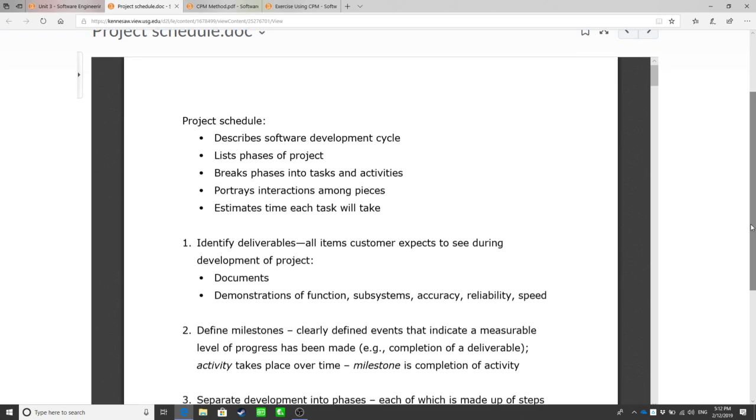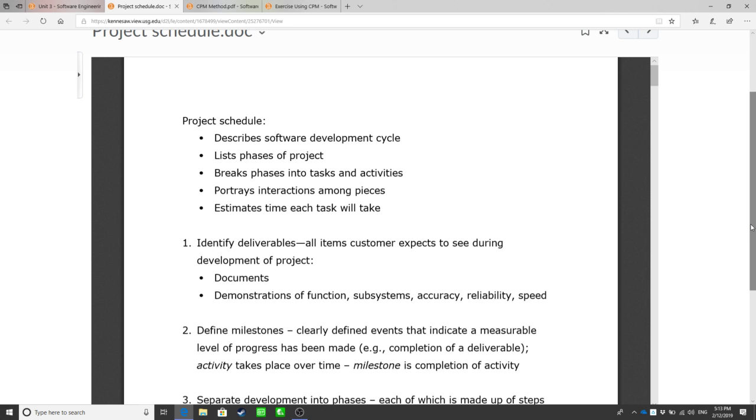When we're trying to schedule a project, we have some tools that can help us. But why do we need a project schedule? First, we want to control the cost of the project.